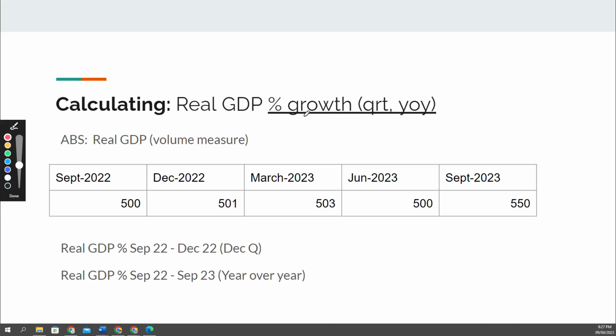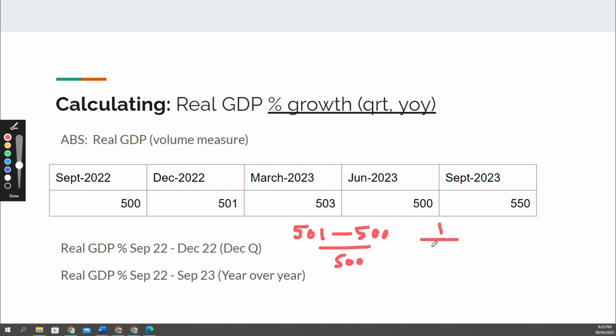So let's have a look at a little example. If I'm asked to calculate the percentage growth rate for a quarter, down here, real GDP for the September to December quarter, so we would call that December quarter. It should say September to December, but if it just said December, you've got to know it's from September to December. And we're going to use exactly the same formula, so I will take GDP at the end of the period, 501 minus 500, divided by GDP at the start of the period, which is 500.